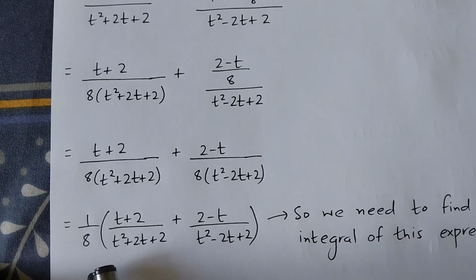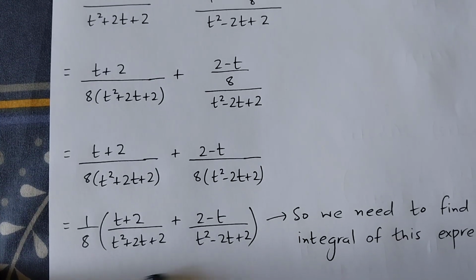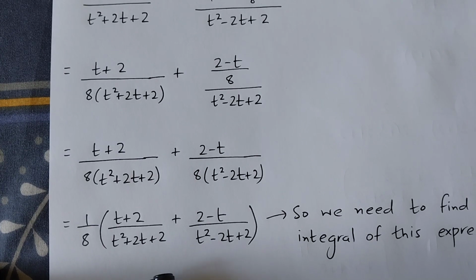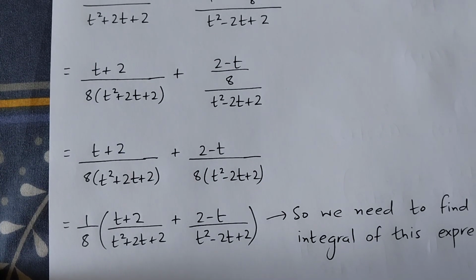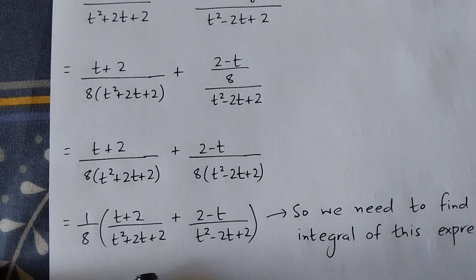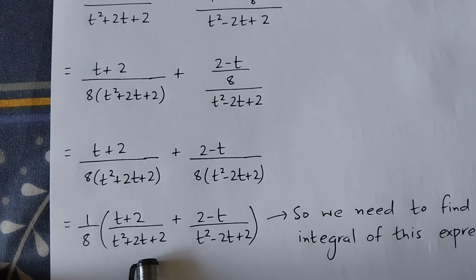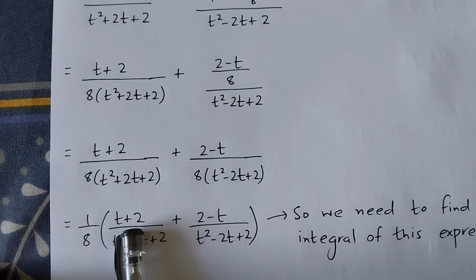So now we need to integrate this thing because our expression is equivalent to this. But we can see that there's a problem here: we can integrate a form where we have an expression in the denominator and its derivative written in the numerator.